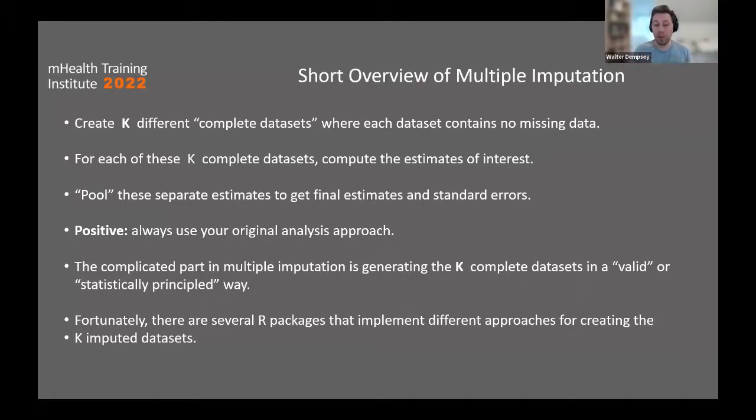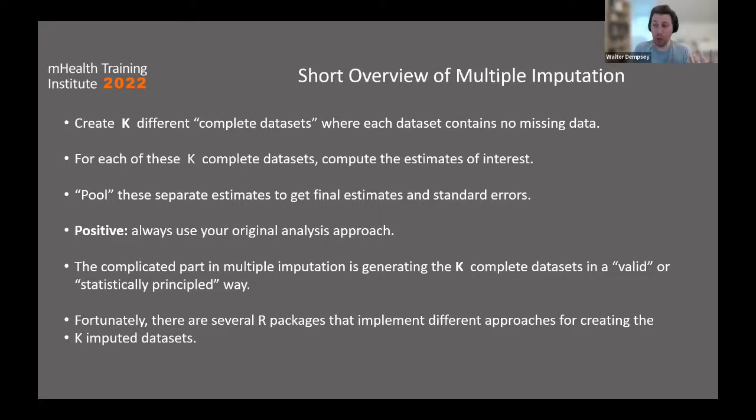And what multiple imputation does is it gives you a method for pooling those back together to get one overall estimate and a standard error on that estimate. So in short, multiple imputation creates multiple imputed complete data sets, and then it's a technique for combining those imputed data sets to give one overall estimate of, say, a regression parameter of interest.